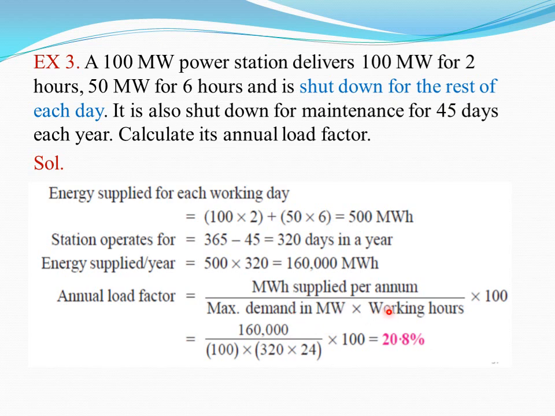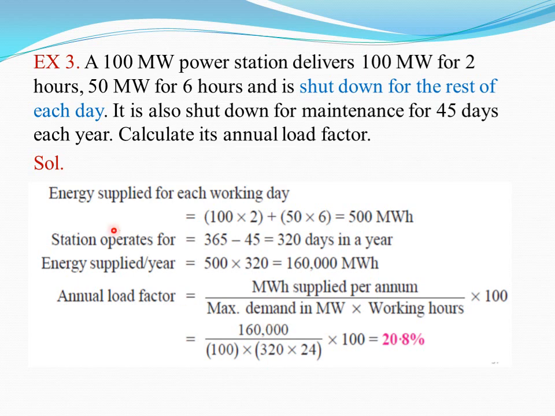The total number of hours we have to consider as 24 into, not 365, but 365 minus 45, because 45 days is going for maintenance and the power plant will not be working. So it is 365 minus 45, 320 days, and the working hours are 24 into 320.